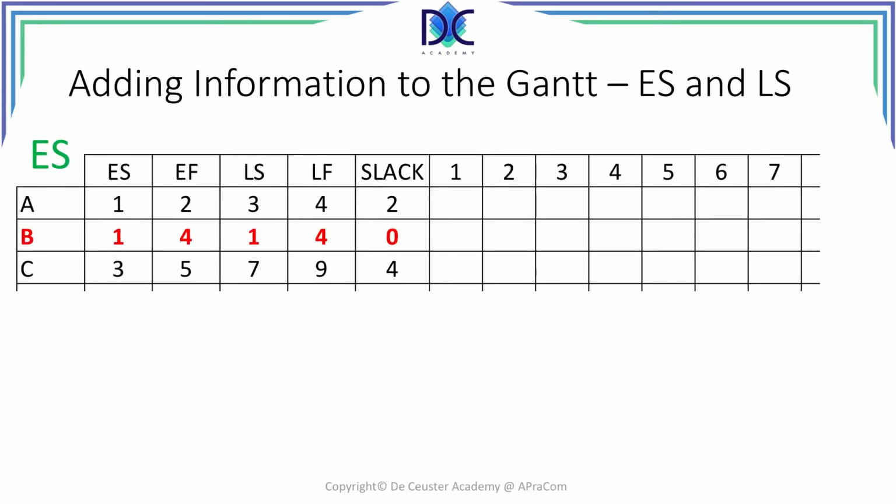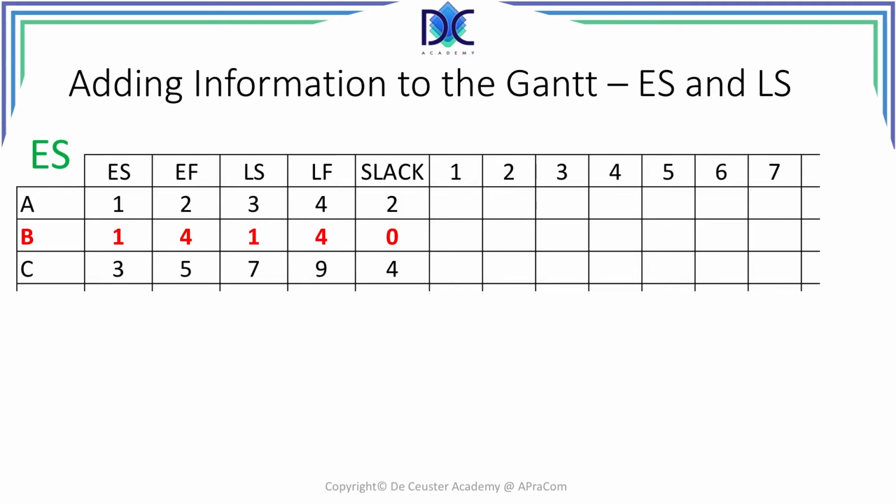The first is the early start, and I only consider the tasks or activities A, B, and C. We see A starts in period 1 and finishes in period 2. I'm only looking at the early start information.